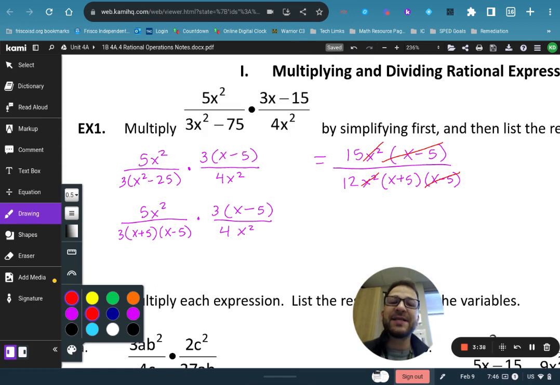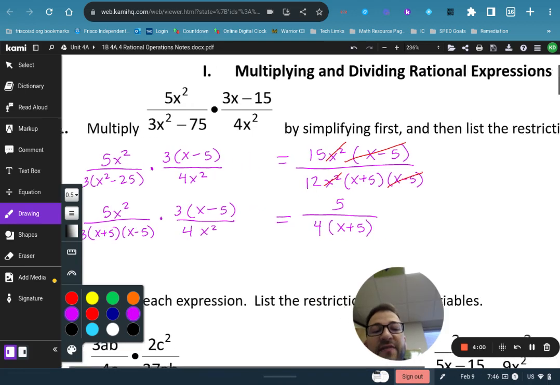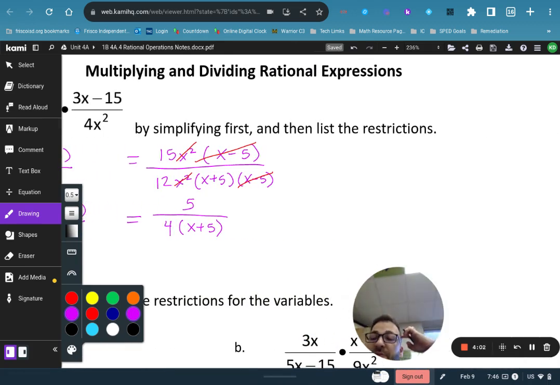And then last but not least, 15 over 12, both of those numbers are divisible by 3, so I could reduce that to 5 over 4. So this would become a new simplified rational function of 5 over 4 times x plus 5. And so that's now my new simplified function.